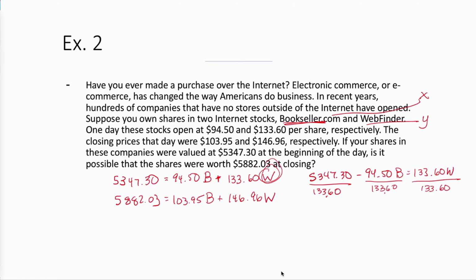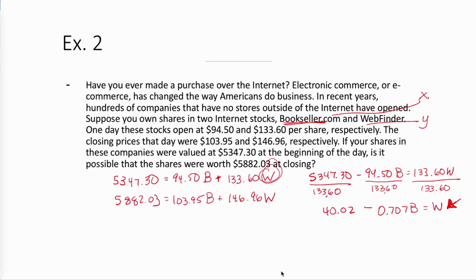And so we have 5,347.30 divided by 133.60, which is 40.02 approximately, and 94.50 divided by 133.60 gives a slope of 0.707. So that's the first equation, for the opening.